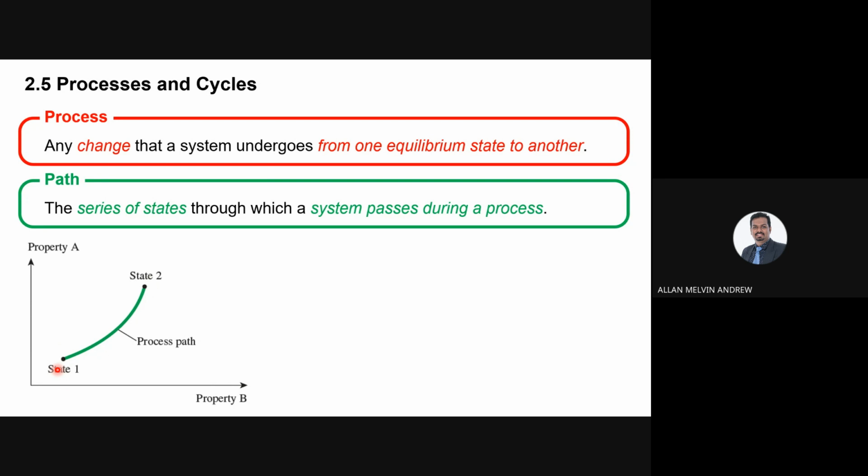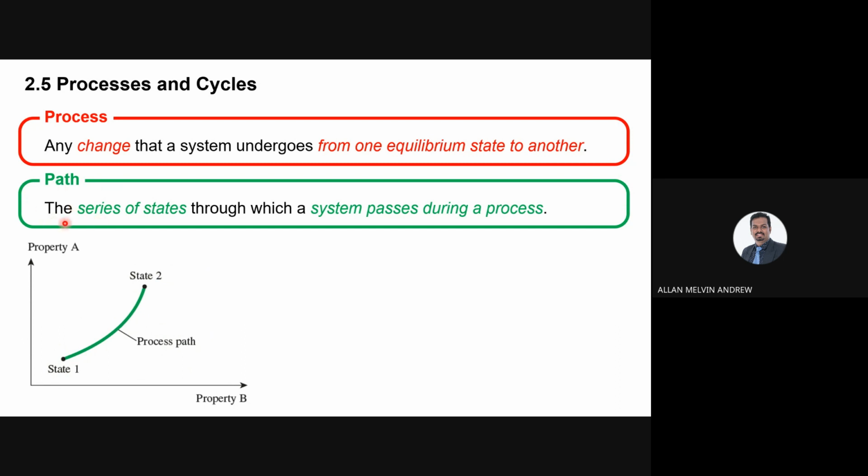Maybe the time will be different, but you can have a different path. But your target is to move from the campus to Kangar. You can decide which path you want to take. Even if the process paths differ, your goal is to achieve state two. That is what we call a path.